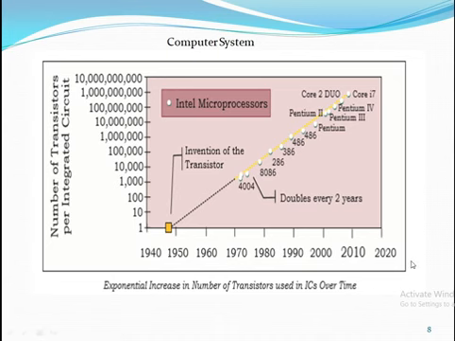In these years, the number of transistors in ICs doubled every 2 years. So we saw Pentium 1, Pentium 2, 3, 4, Core 2 Duo and Core i-series in these timelines.